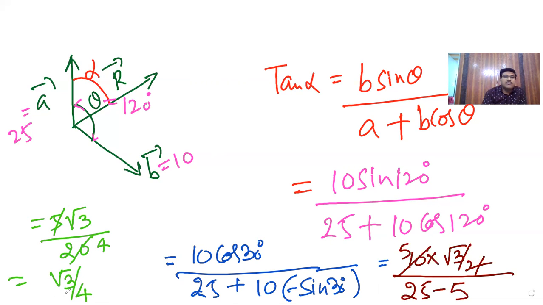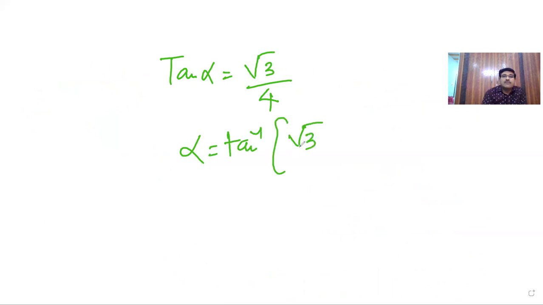So tan alpha is root 3 by 4, and alpha is tan inverse root 3 by 4.